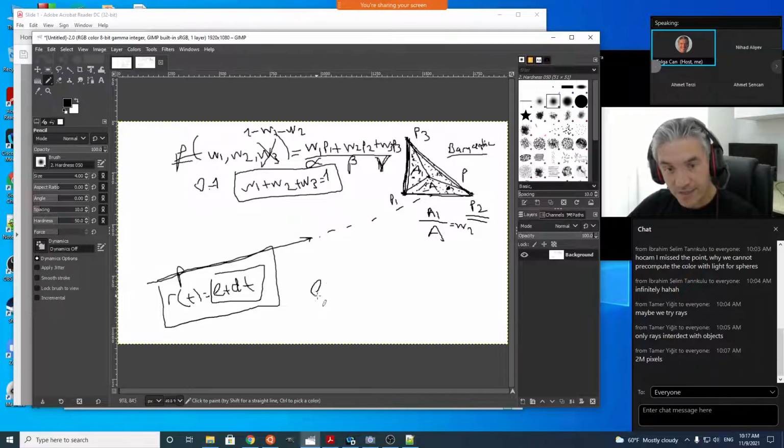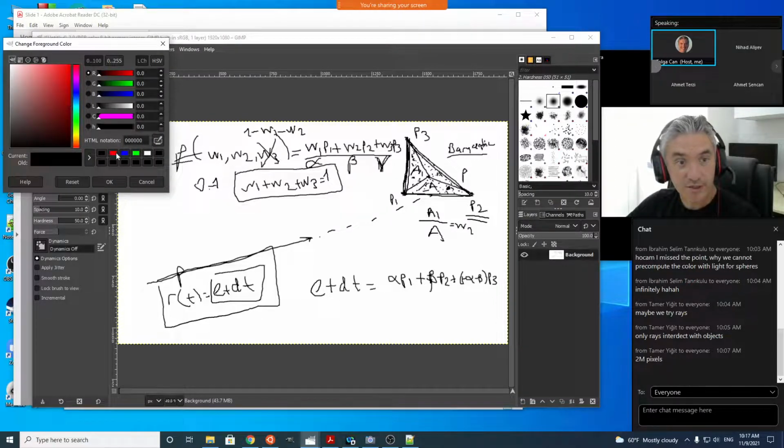So I will have E plus dt equals alpha P1 plus beta P2 plus 1 minus alpha minus beta P3. This is the equation that I will be using for the intersection test.